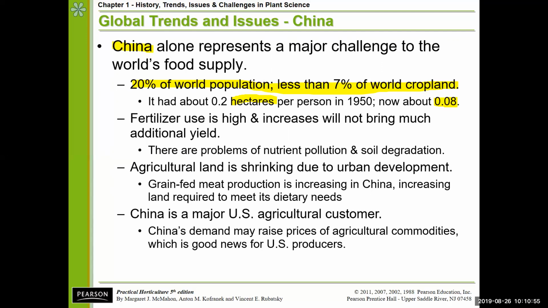China cannot feed itself, so it relies on us. And is what we do enough to feed them? We're inextricably linked because of that, and this just highlights how our agricultural economy has become globalized at this point.